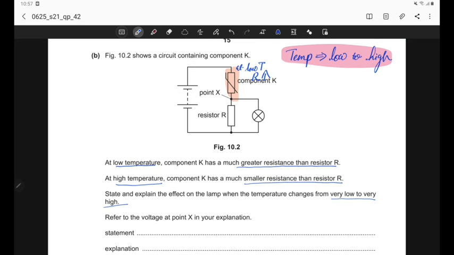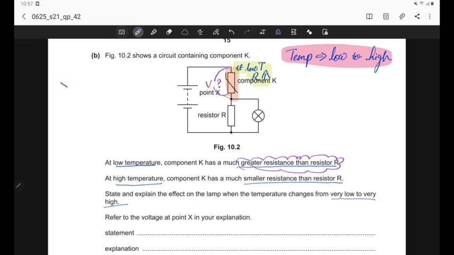So when the resistance is high, what will happen to the voltage across this component? We need to check that. As the temperature is low, as mentioned in the question, the resistance will be greater than resistor R. So in this case, what will happen to the voltage across this thermistor or given component?